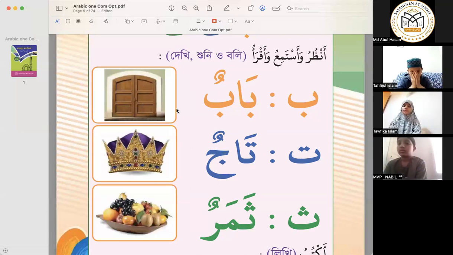This is a door. ما هذا. What's this? هذا تاج. This is a crown. ما هذا. What's this? هذا ثمر. This is fruit. Not fruit, is fruit. Okay, good. Now only in Arabic.